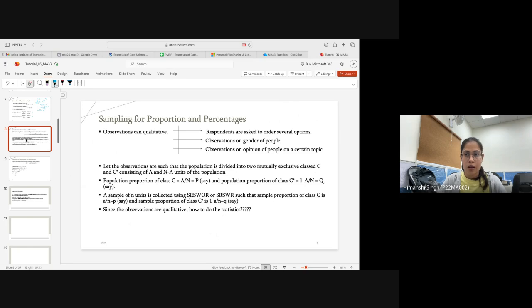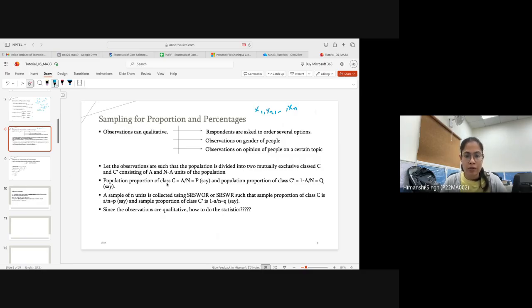So for example, if I have a sample like x1, x2, xn, where the answers of the people can be yes or no. So some yes are there, some no are there. Then we'll assign the number 1 to yes and the number 0 to no. Okay, then we can do further analysis. So we will be discussing that in the forthcoming slides.